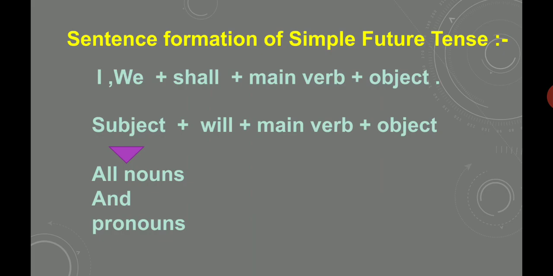Understand? So we will identify that if the helping verb will or shall is in the sentence, and the verb is in its root form, main form, then what kind of tense is it? Yes, simple future tense. Have you understood?